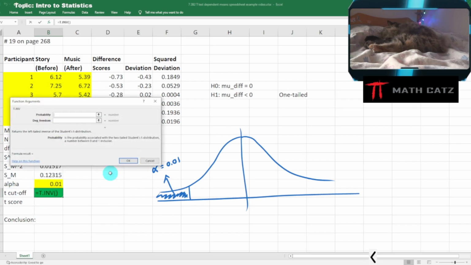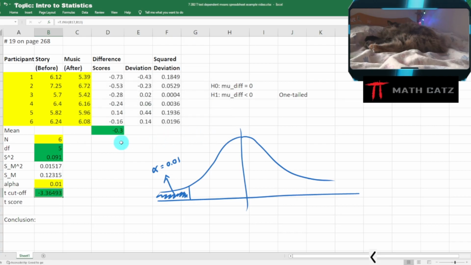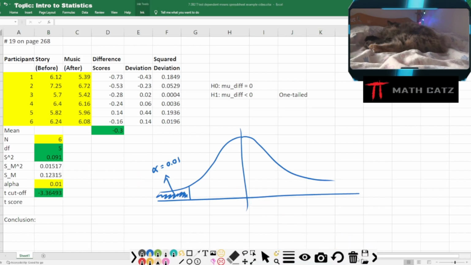I'm going to go with that. My probability is this left probability, which is exactly alpha. So instead of typing in 0.01, I'll reference where alpha is placed. The degrees of freedom, I have that as well. That's over here, 5. And we can see that our cutoff t-score is negative 3.36. Let's write that in.